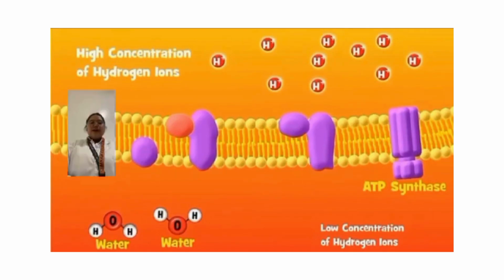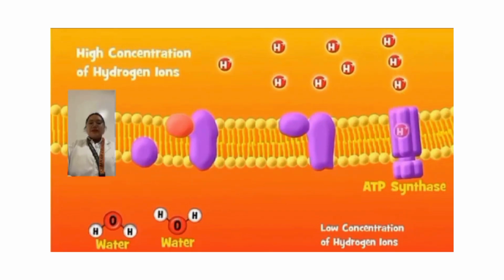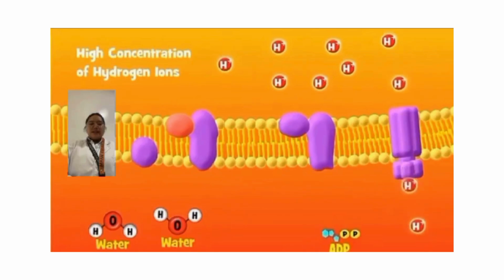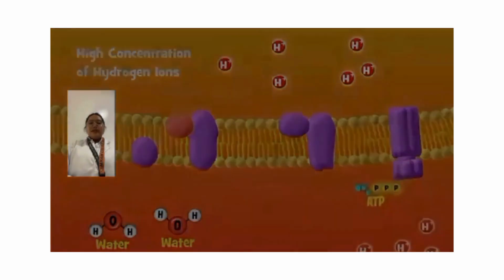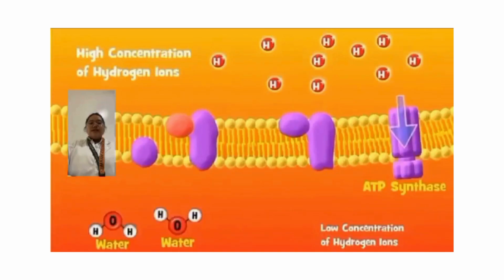The movement of hydrogen ions across the inner mitochondrial membrane is a crucial process in ATP production. These ions, driven by their concentration gradient, flow from the high concentration area within the intermembrane space to the lower concentration matrix. However, they can only pass through a specific channel called ATP synthase.